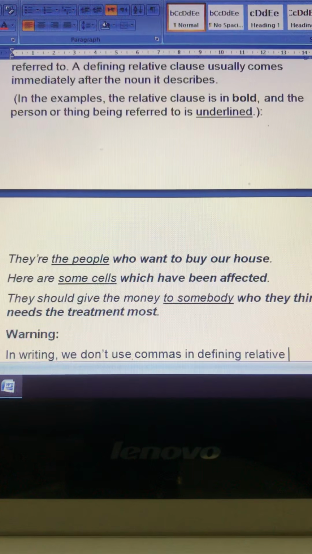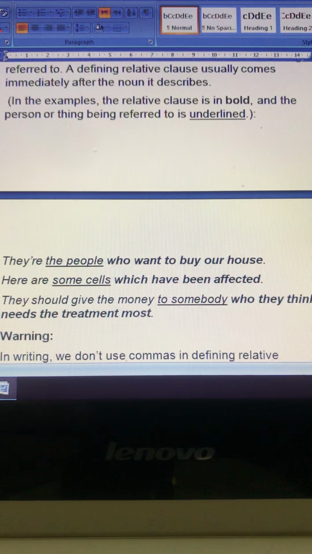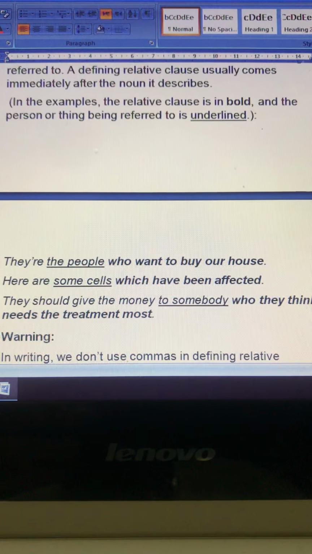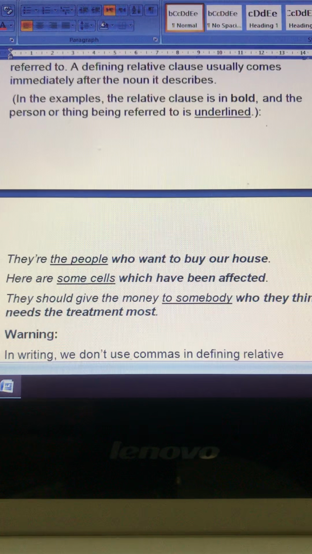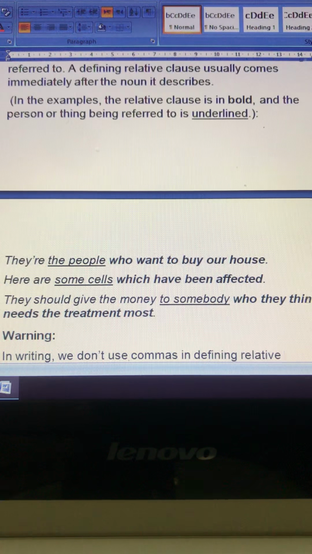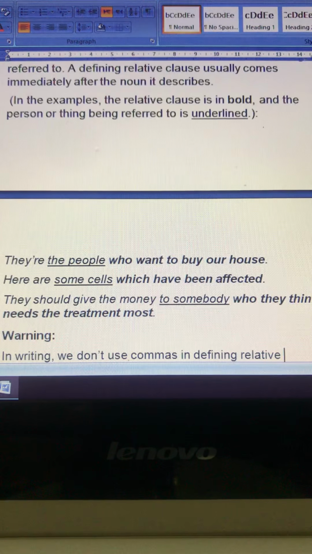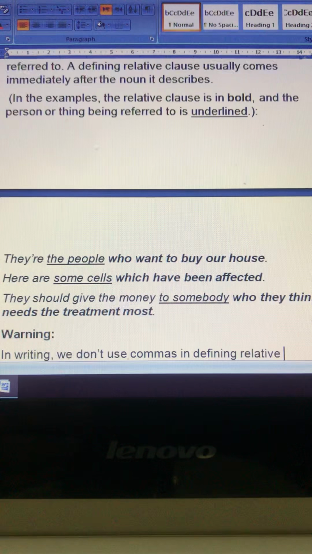They are the people who want to buy our house. We have the defining relative clause who. Also, we have the person or the people being referred to.